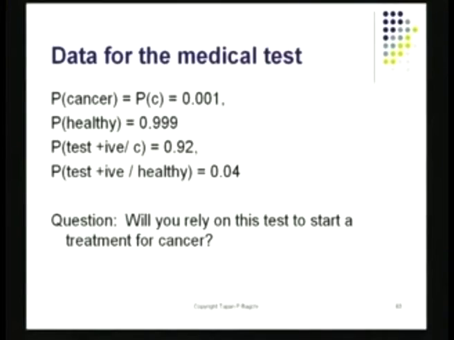The instrument's capability is the following. It shows the test to be positive when there is cancer 92% of the time, which some people may think is pretty good. And also, unfortunately, for a healthy person it says the person has cancer 4% of the time. This is the instrument's performance.